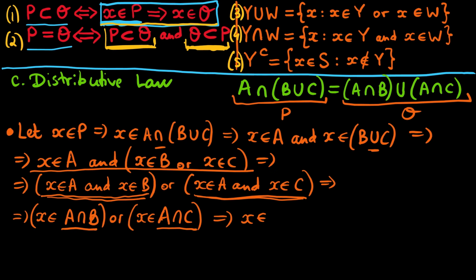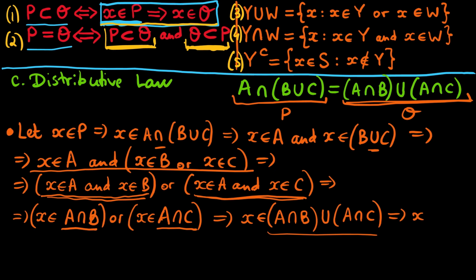So let's write it out. X must be an element of the first set, the second set, and we said that X must be an element of the union of these two, and that is exactly Q. Therefore, we've shown that X is an element of Q.